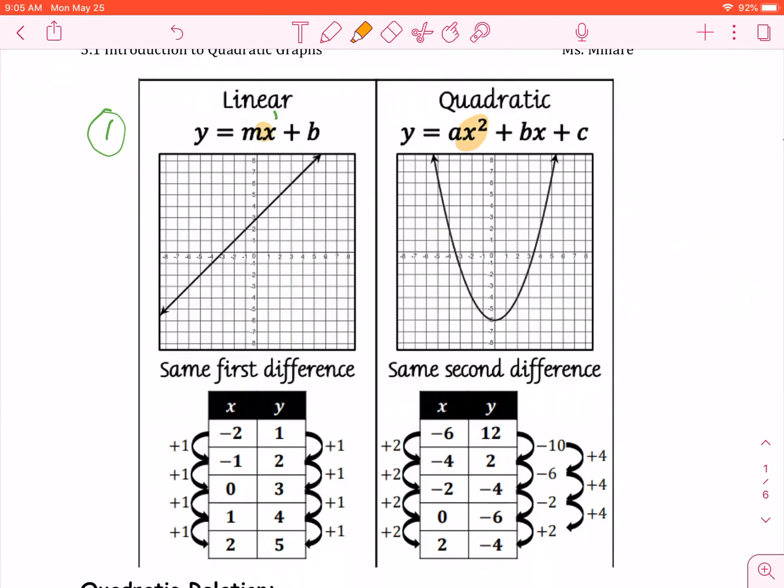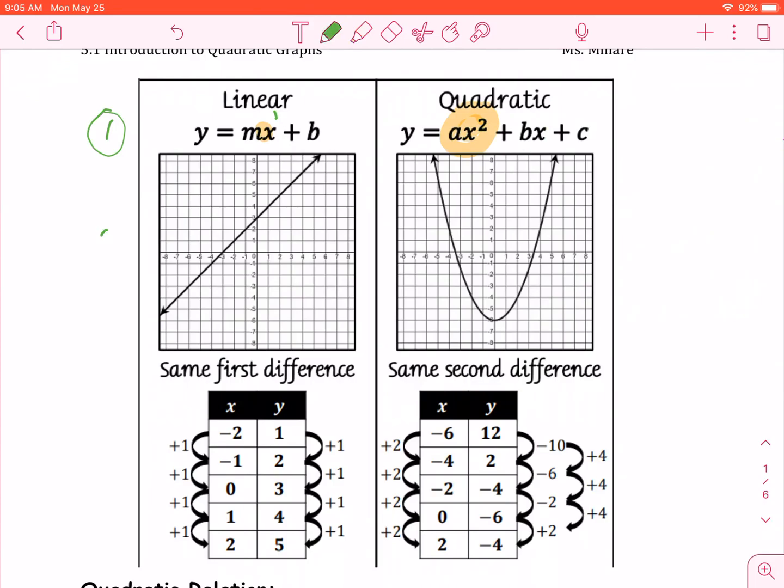A degree takes a look at all the terms in your polynomial and uncovers what the highest exponent is. So although there is an x to the power of 1 for bx, we're more focused and interested in the highest exponent, which is x squared. We'll talk more about this later.